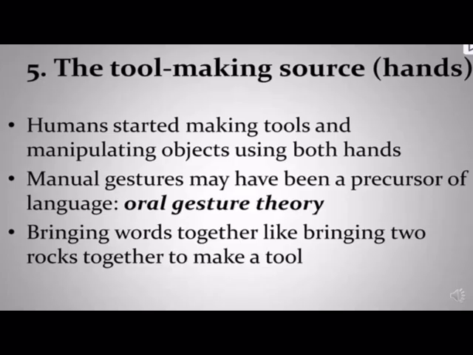The next point is that manual gestures may have been a precursor of language. The oral gesture theory proposes that manual gestures may have been the precursor of language. So, what is basically a precursor? A precursor is considered an early development stage that precedes a fully formed linguistic element, right?